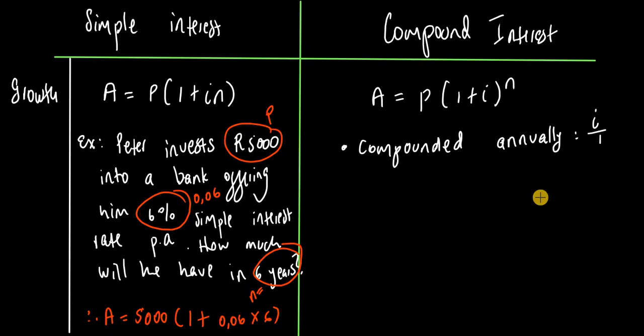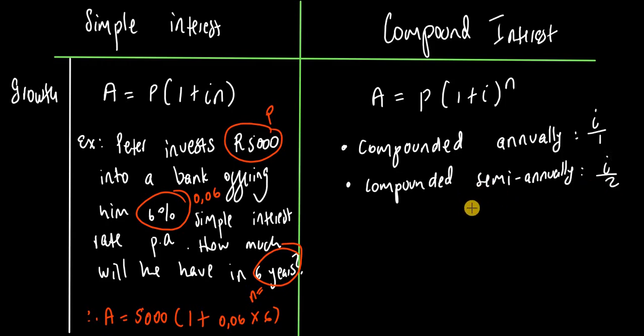You divide the interest rate that you have by 1, but if you compound it semi-annually, then that means you divide your interest by 2. Sometimes they can say half yearly, by the way. That means you divide your interest by 2.